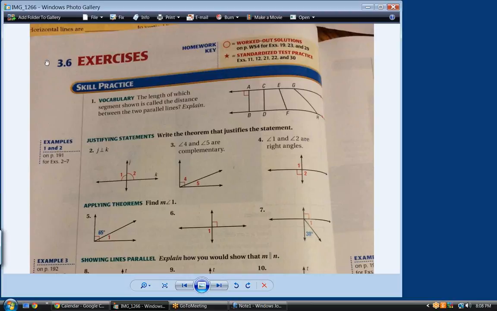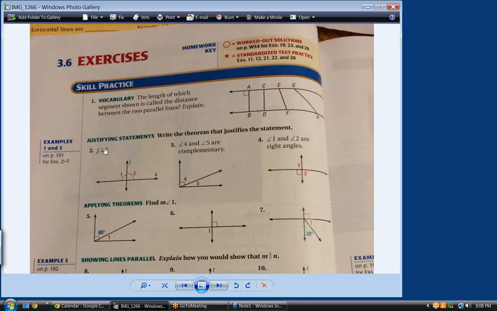It's important to understand that you don't need to memorize the theorem number. You just need to know what it means and what the consequences of that are. In this problem, if 1 is equal to 2, which those two marks mean, then you know they're supplementary, so each one is 90.